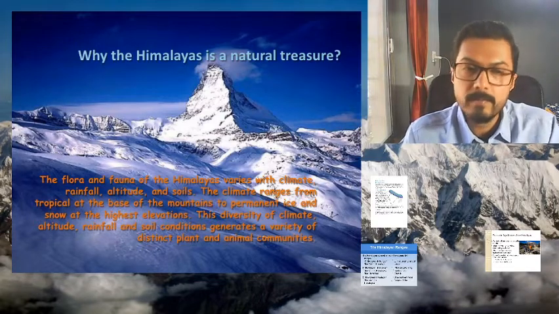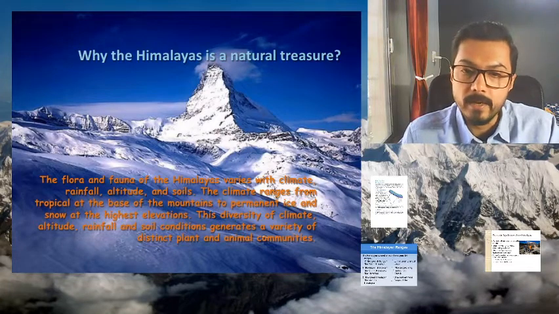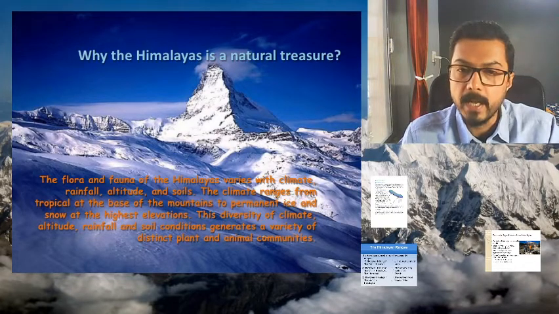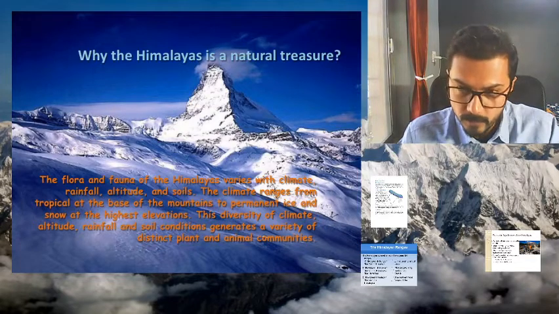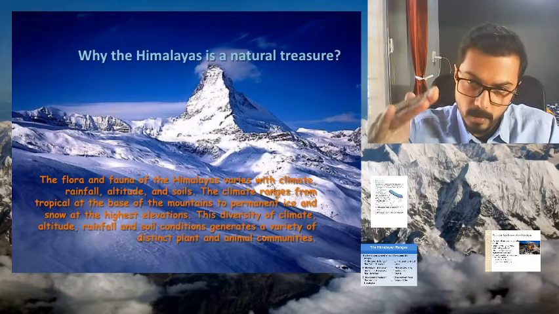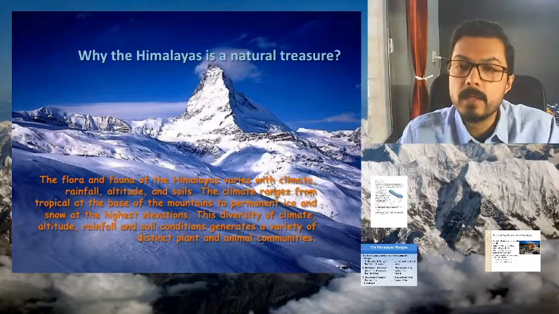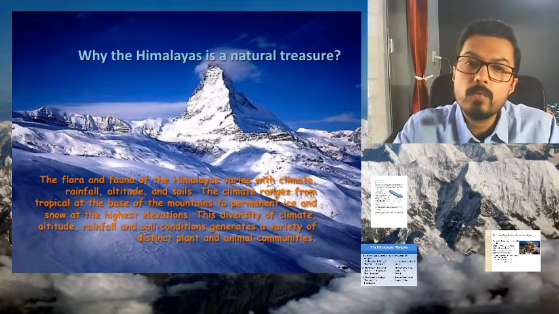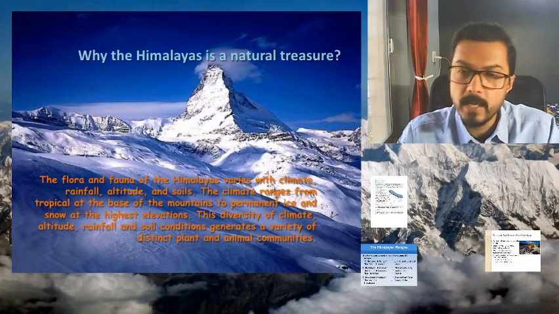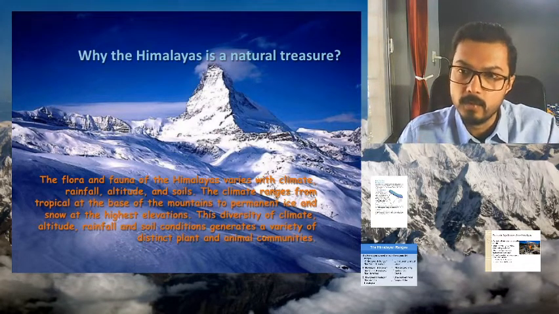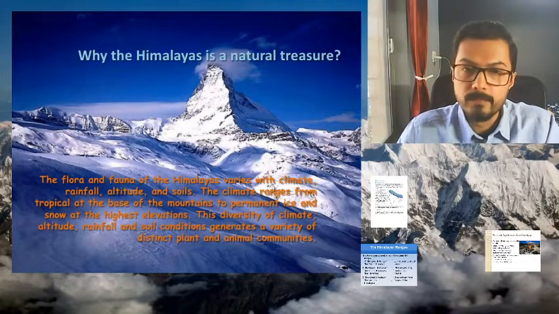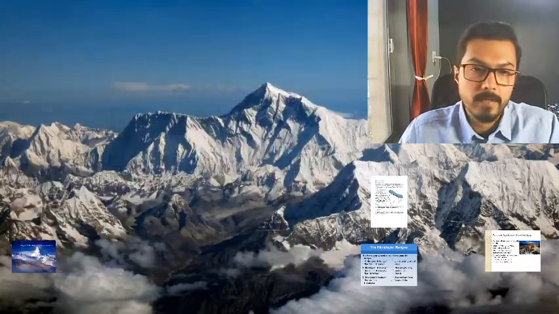This diversity of climate, altitude, rainfall and soil conditions generates a variety of distinct plant and animal communities. So you can see over here, as you travel from south to the northernmost part of the Himalayas, from subtropical you go to more extreme cold climates, and the loftiest parts of the Himalayas will have snow throughout the year. So these are the climatic conditions that we will find in the Himalayas.